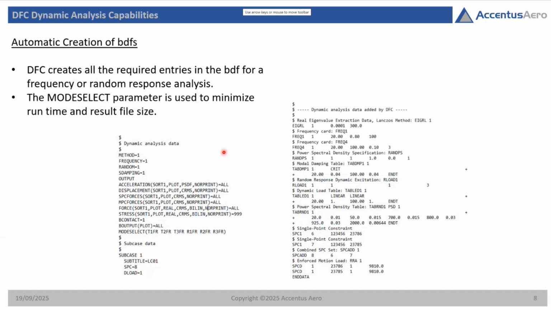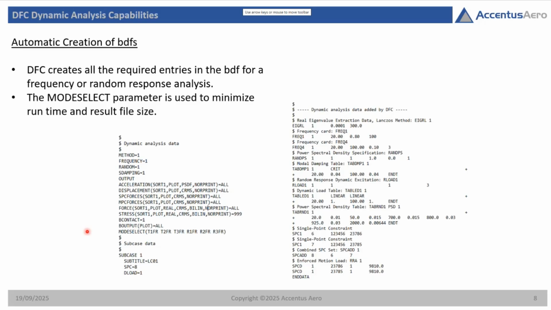Once you create the scenario via DFC, we automatically add those cards to the BDF based on the input data. We add all the case control data as required, and we use a handy parameter, thank you, Gerrit, called mode select. Normally with these analyses, you end up with thousands of frequencies that you need to analyze with response data.